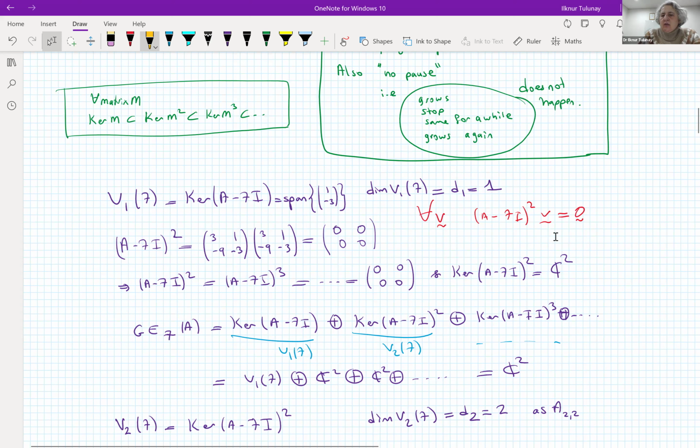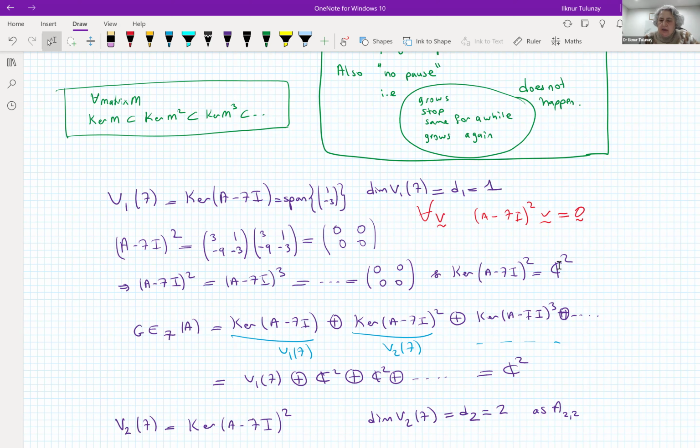Now here, when you're looking at the generalized eigenspaces, we think about our matrices over the complex numbers, because complex numbers are algebraically closed, which means that every polynomial has roots in the complex numbers. This is not the case for the real numbers or rational numbers.